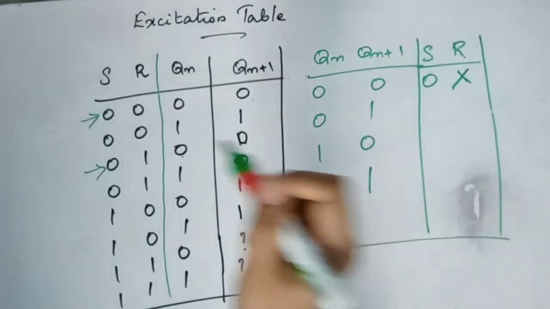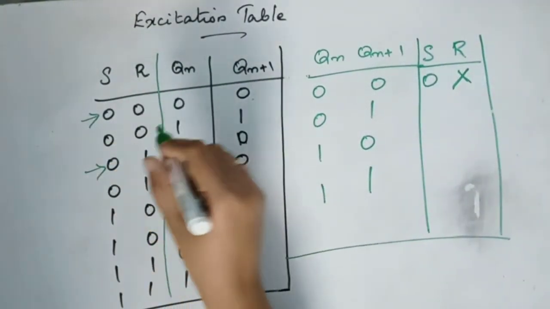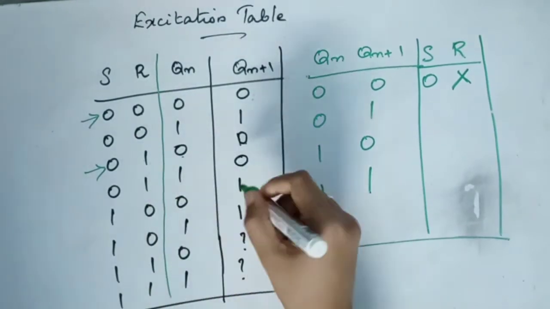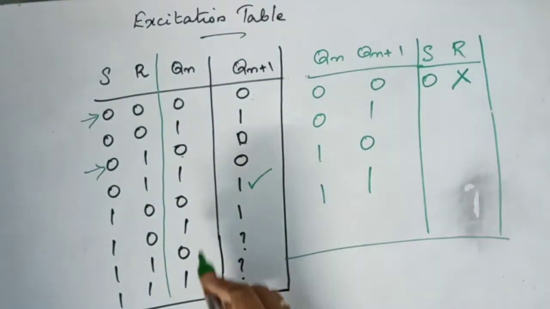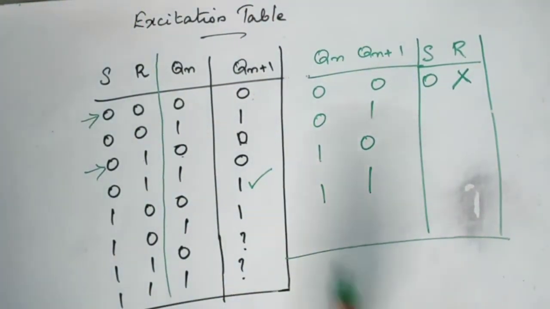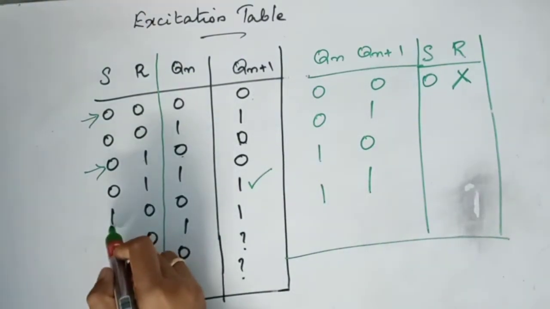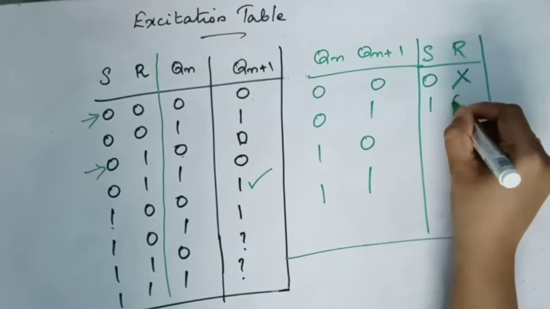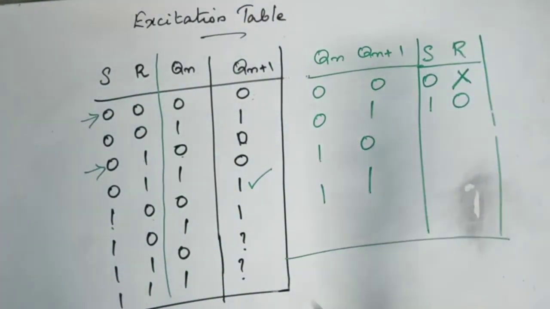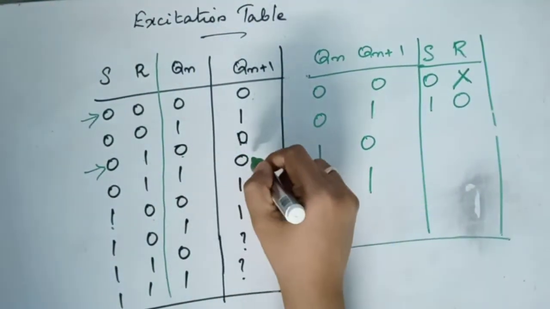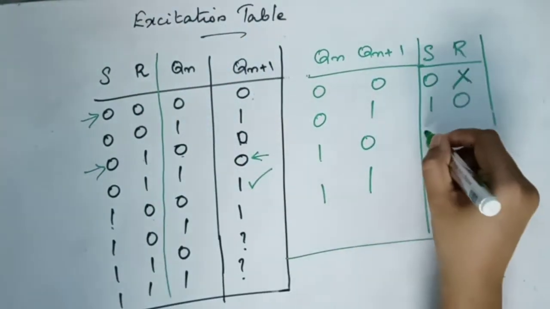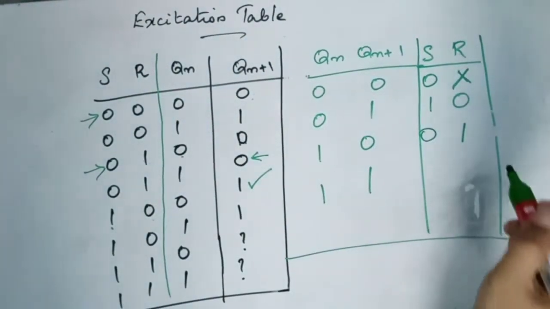Next is Qn 0, Qn plus 1 is 1. Here we have only one case, so S should be 1 and R should be 0. Next, 1 0: we have a case here, S0 R1.